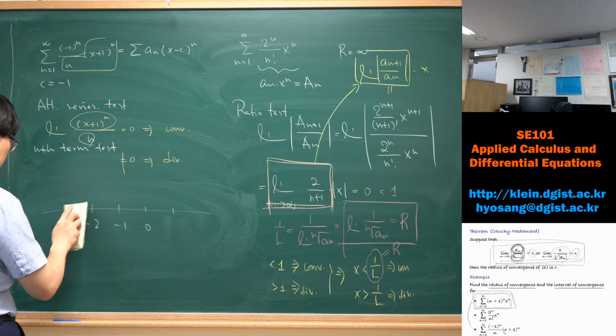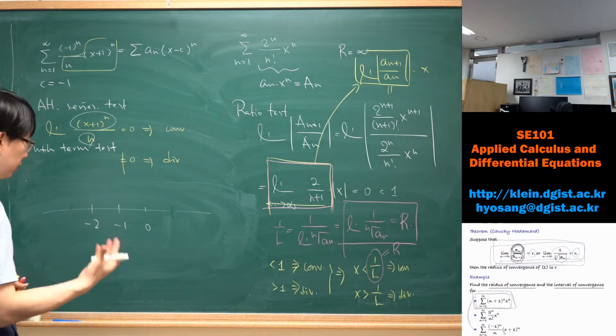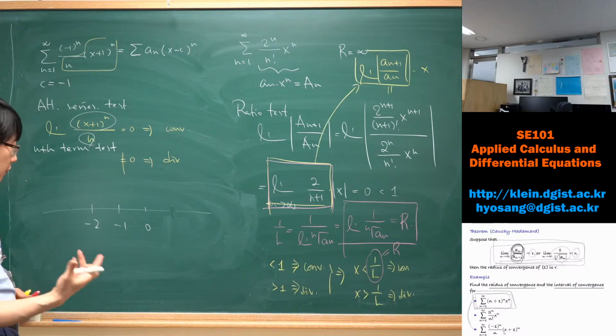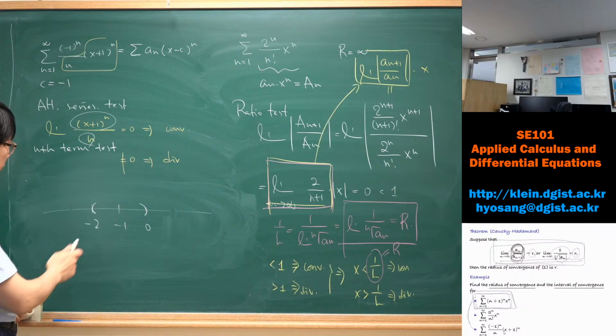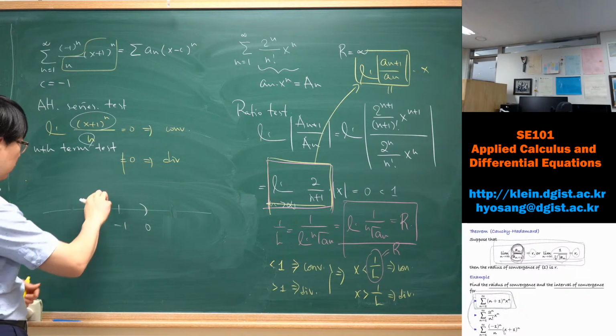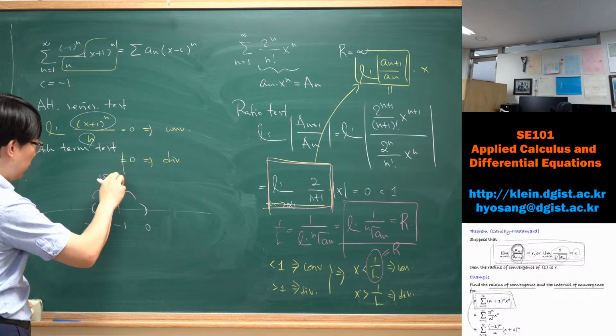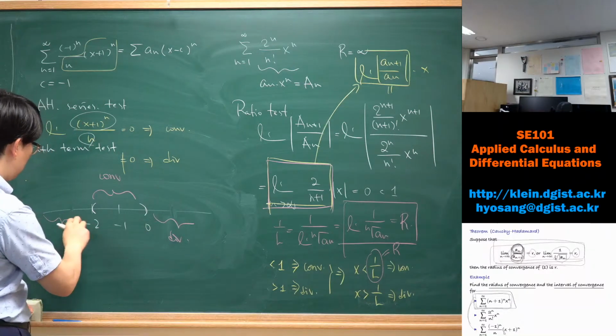So this is the radius. We know that the radius of convergence is 1, so we can move x from minus 2 to 0 so that the series converges. This is the region of convergence, and out here it diverges.